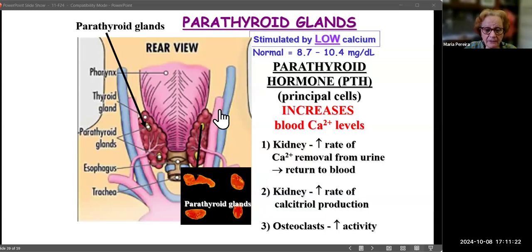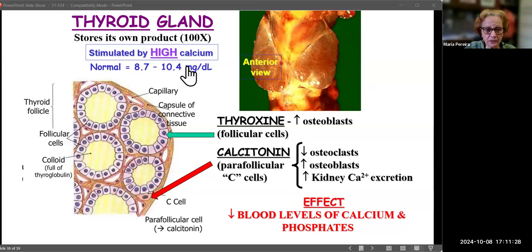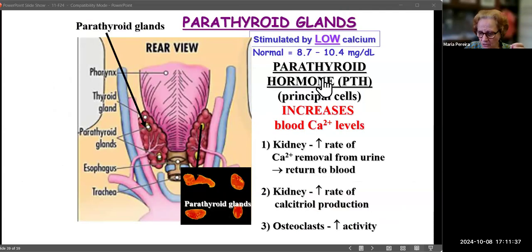The parathyroid glands are activated when calcium levels are low. The thyroid gland is activated when calcium levels are high, under hypercalcemia. The parathyroid hormone is activated when calcium levels are low, so under hypocalcemia.